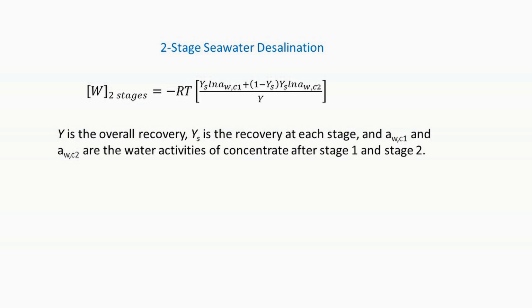So now let us try and compute the value of the work for two-stage seawater desalination with an overall recovery of 50%, like in the previous example, where we had done it over one stage.